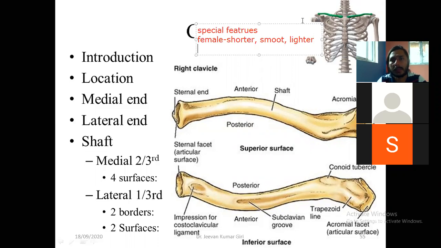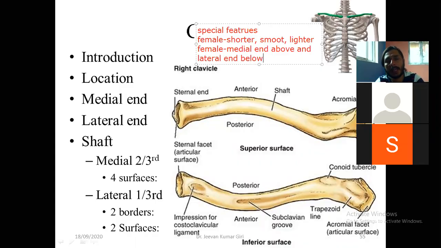If you see the two ends of the clavicle, I am writing for female only; for male you can write the opposite. Now see the level of the two ends of the clavicle. In female, the medial end is above, whereas the lateral end is below.